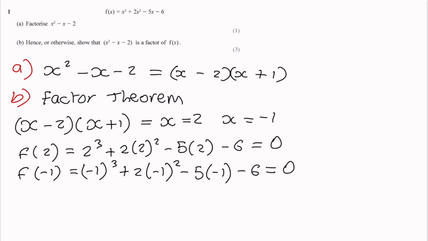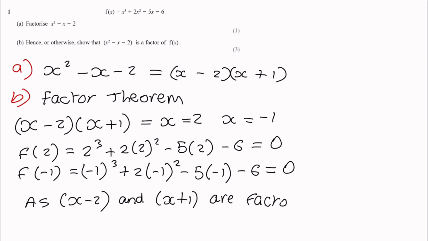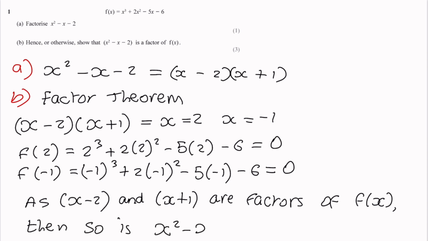So we need to write in conclusion: as x minus 2 and x plus 1 are factors of f of x, then so is x squared minus x minus 2.